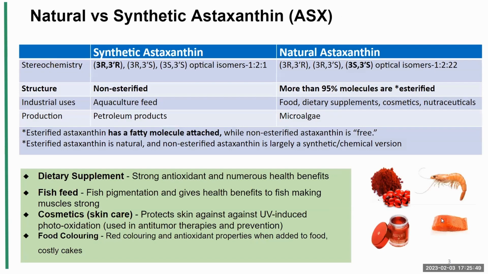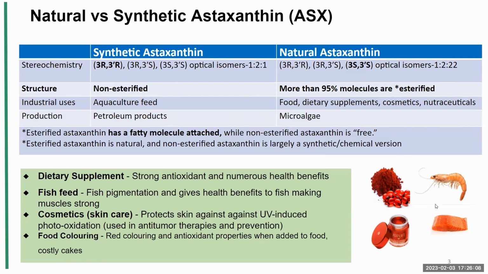So the importance of natural versus synthetic astaxanthin: the synthetic one has the 3R,3'R form, whereas the natural one has the 3S,3'S form.